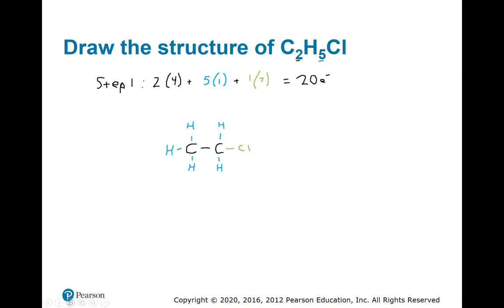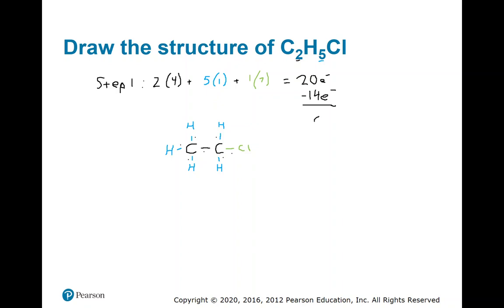Now, putting this skeleton together is essentially what step 2 is. So if we count how many single bonds we have: 1, 2, 3, 4, 5, 6, 7. So there aren't any lone pairs on this molecule yet, but we have 7 bonding pairs of electrons, which means that we've used up 14 of our 20 electrons that we started with.